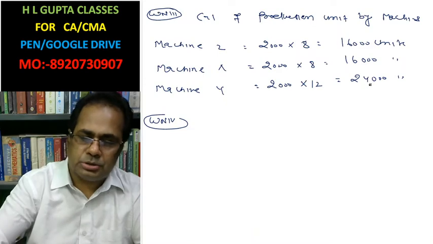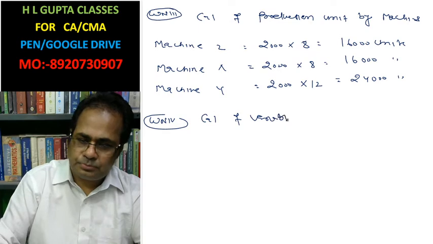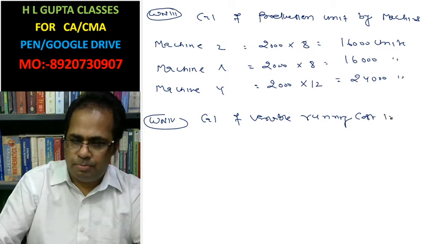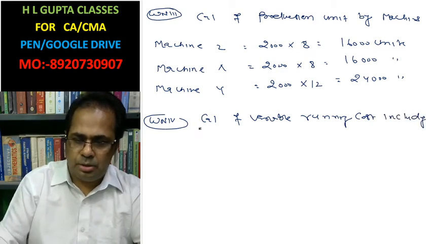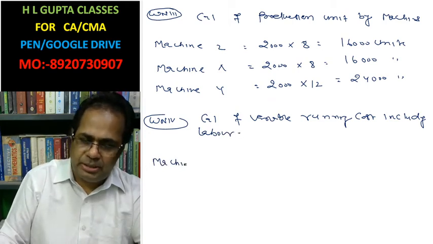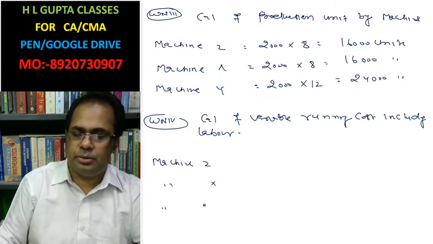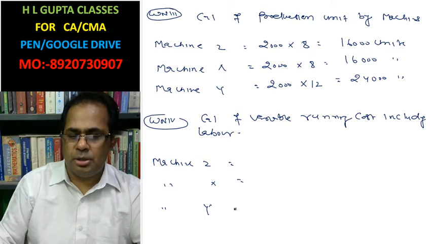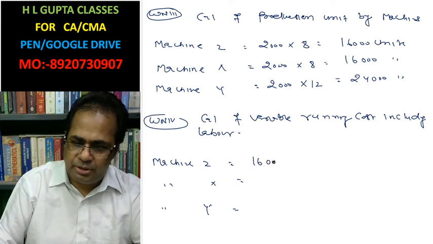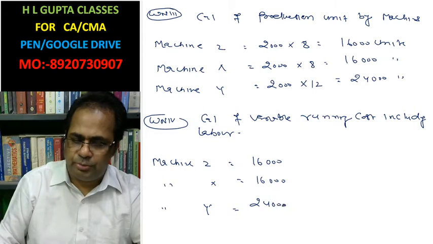So, calculation of variable running cost including labor. In this case, you have machine Z, machine X, machine Y. Per unit, this is 16,000 units, this is 16,000 units, this is 24,000 units.